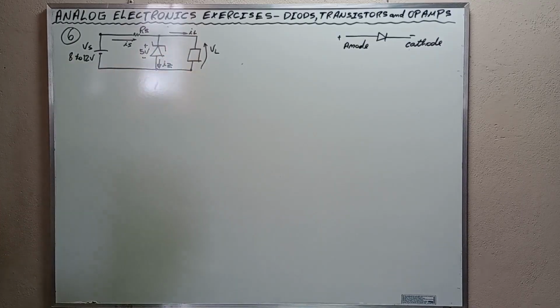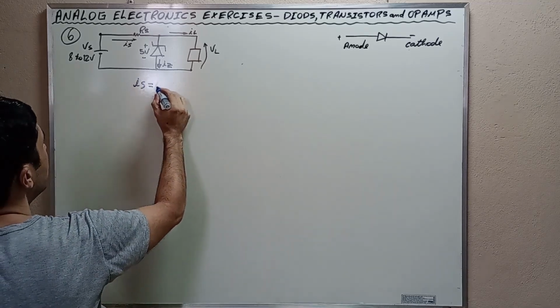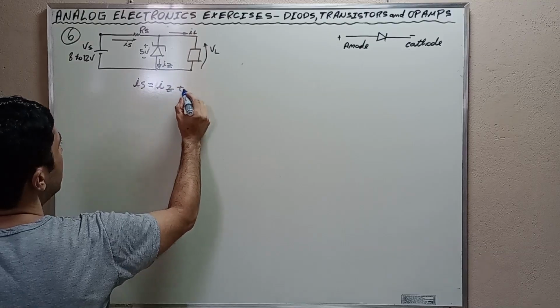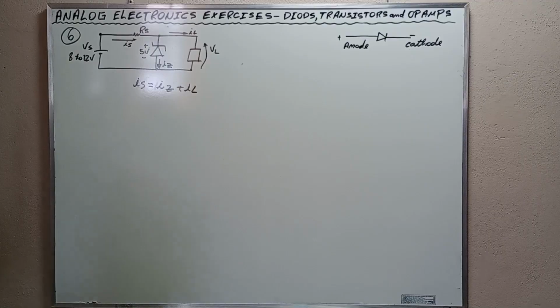We can write that Is is equal to Iz plus IL. How do we calculate Is?